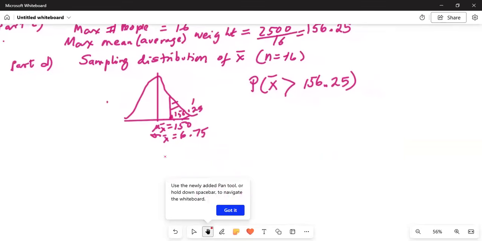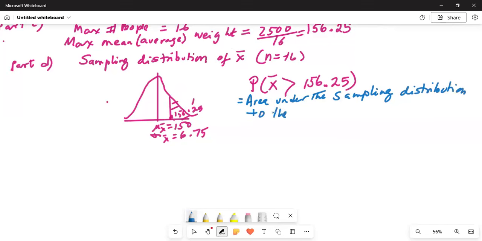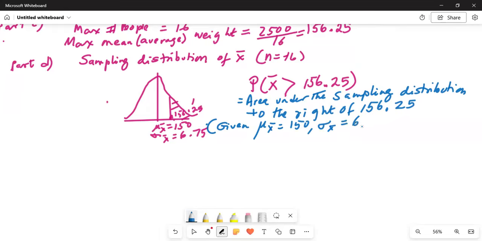In order to find that, we have to find the area under the sampling distribution curve to the right of 156.25, given mu x bar is 150, the mean is 150, and sigma x bar is 6.75.